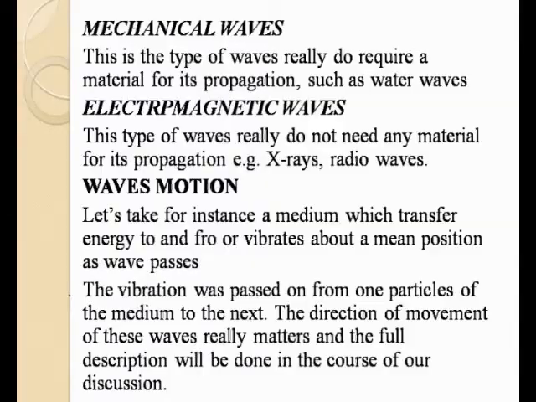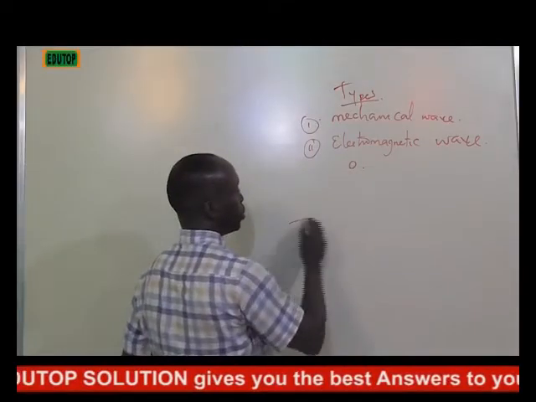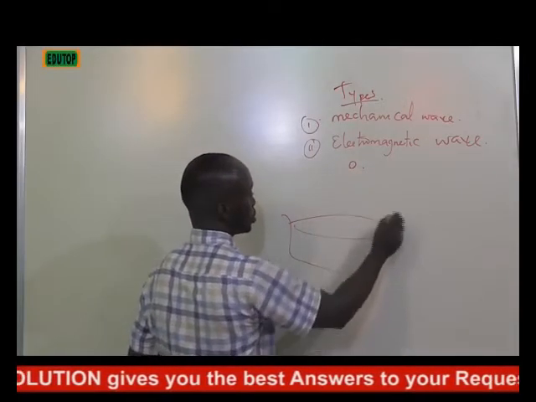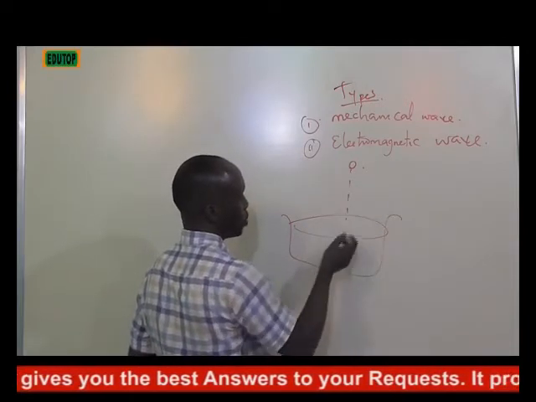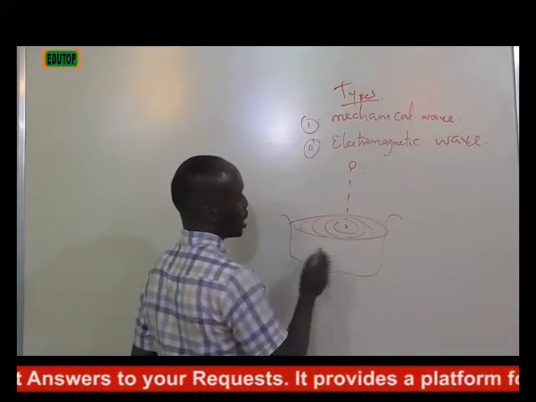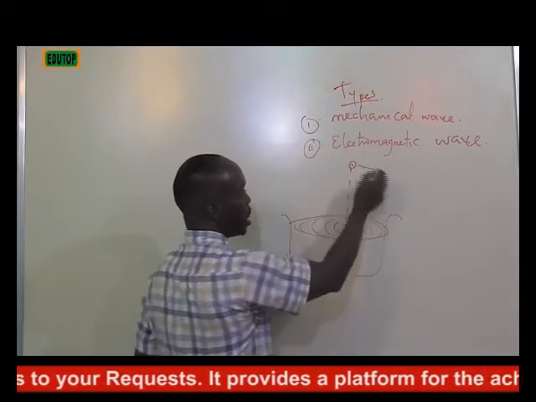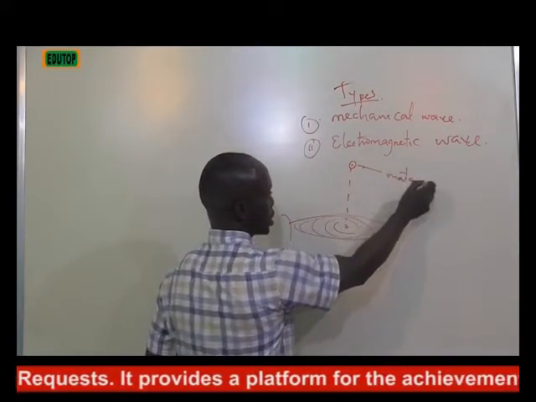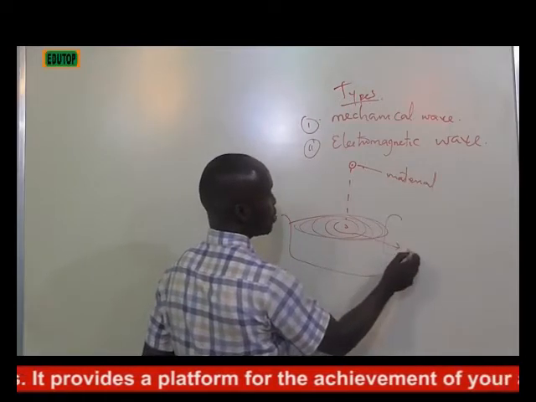What does that mean? If I drop this stone in this bowl of water, it goes down, it makes a sound, and it brings out the ripples. Now you realize that this stone is the material used. So this type of wave created here is a mechanical wave.